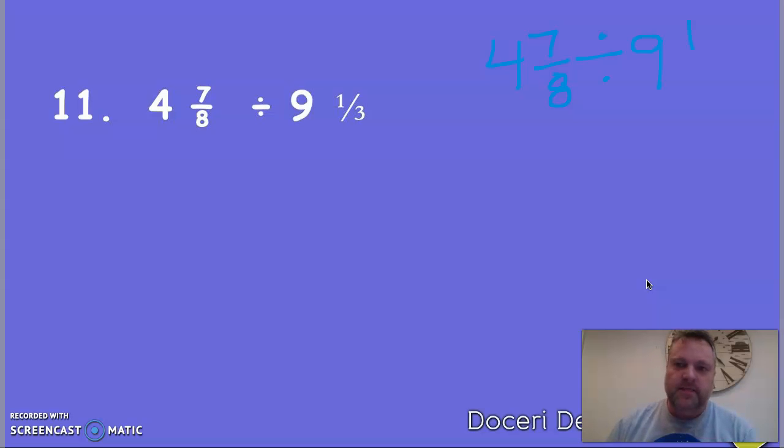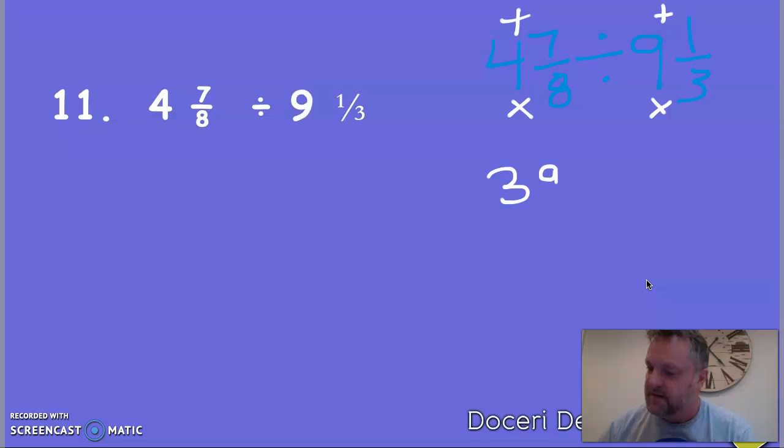And remember, the way that I change a mixed number into a fraction is to multiply the denominator times the whole number, and then I add that to the numerator. So if I do that for both, I have 8 times 4, which is 32, plus the 7 on the top is 39. And the denominator stays the same.